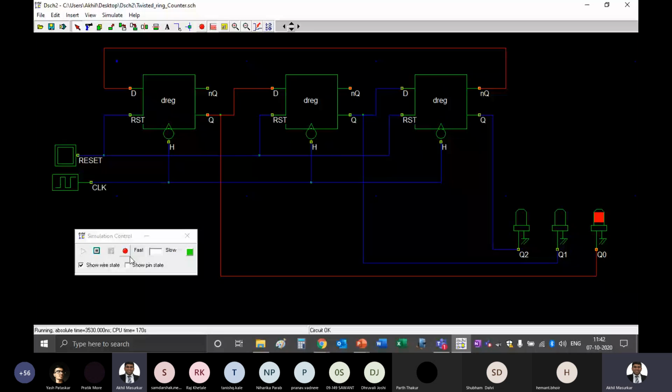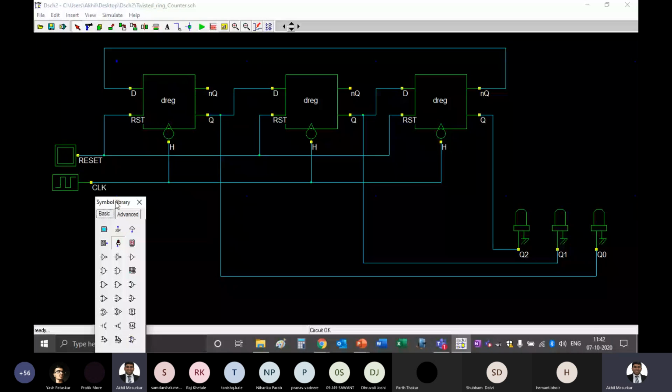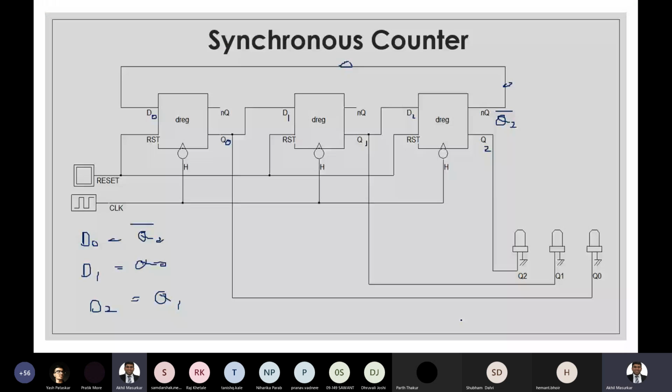I mean, this is what you should do, because only theory becomes a little bit boring. Okay. So let's go to the next part. So this was our actual circuit that we were just seeing right now. Right, next.